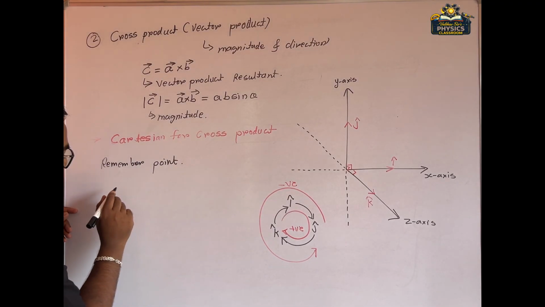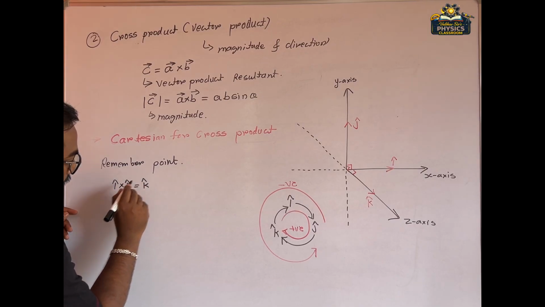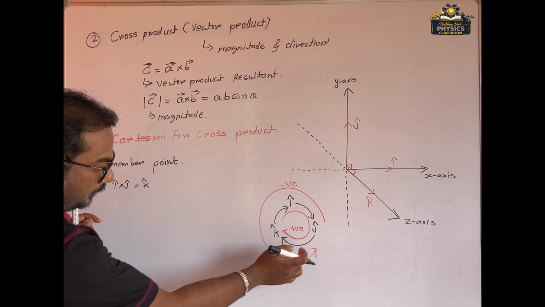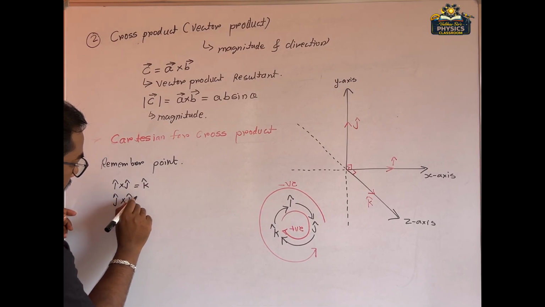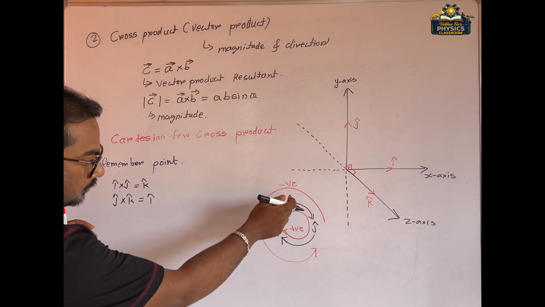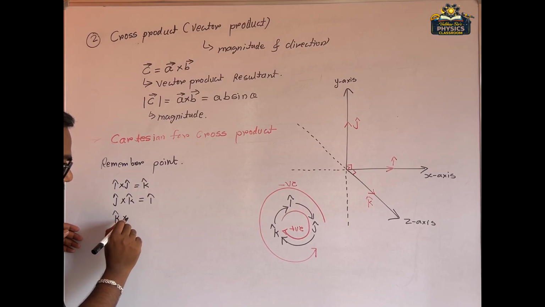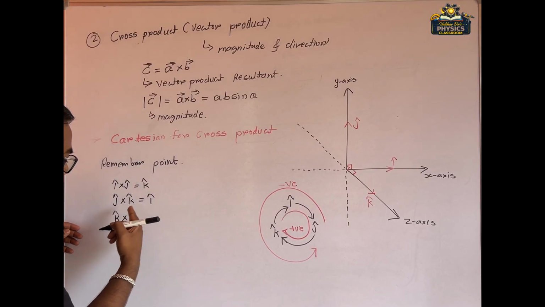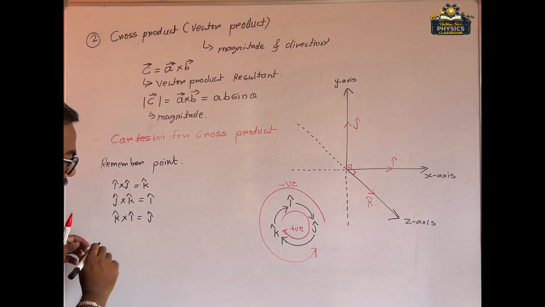So I cross j, we will get k cap. j cross k, we will get I cap. k cross I, we will get j cap.